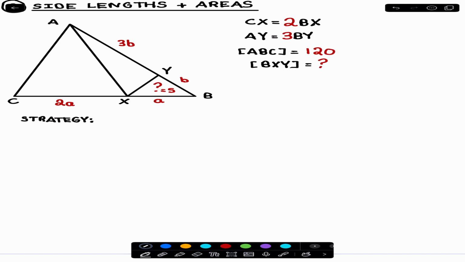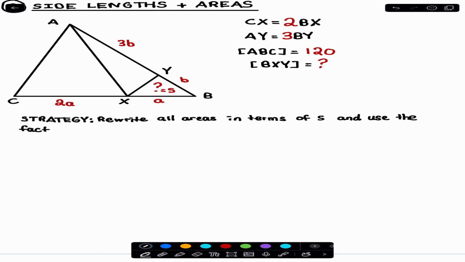Let's rewrite all areas in terms of S and then use the fact that the total area is 120. This is our game plan. It's very important to have a strategy before you dive into a problem.